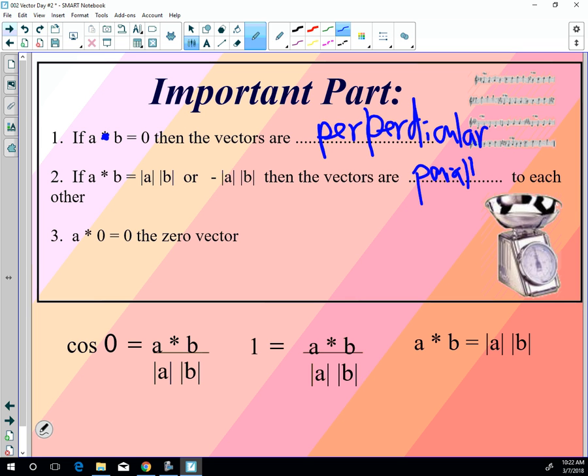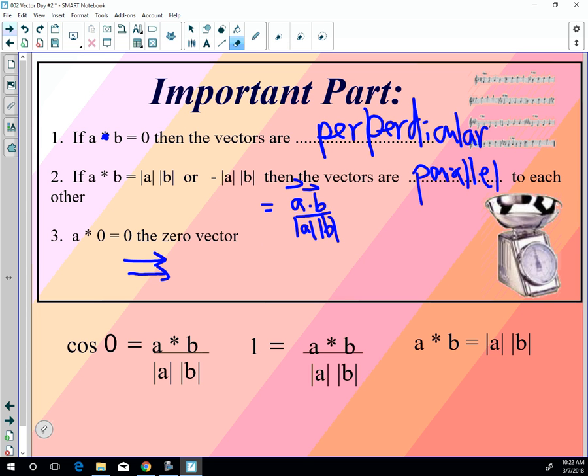We didn't talk about that very much, but if you take cosine theta equals A dot B over magnitude of A, magnitude of B. If they're parallel, what's the angle between them? 0. What's the cosine of 0? 1.